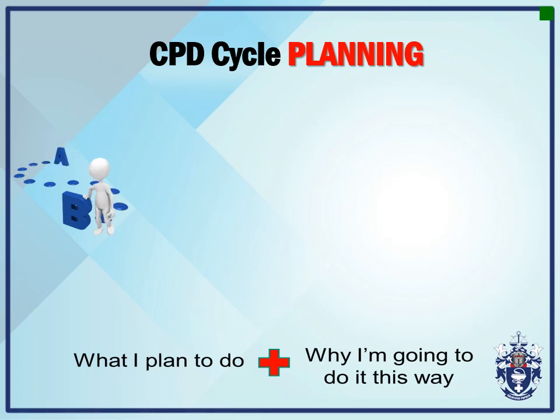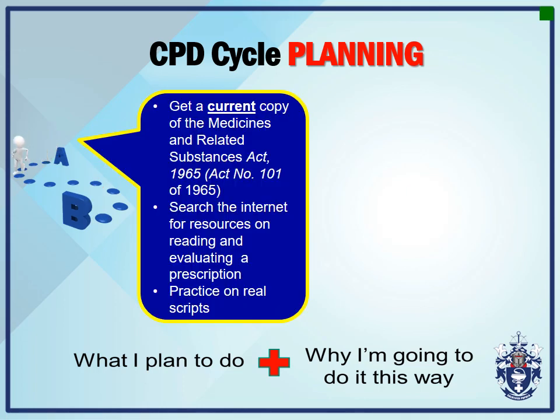So what do you plan to do, and why am I going to do it this particular way? Remember, in terms of your planning, you need to be able to provide the relevant resources that you're going to be using in order to fulfill that particular learning need.